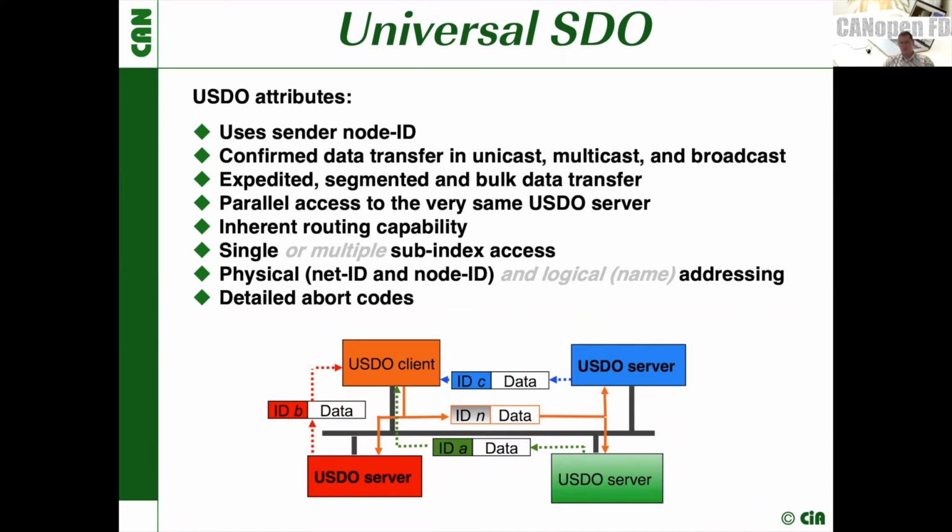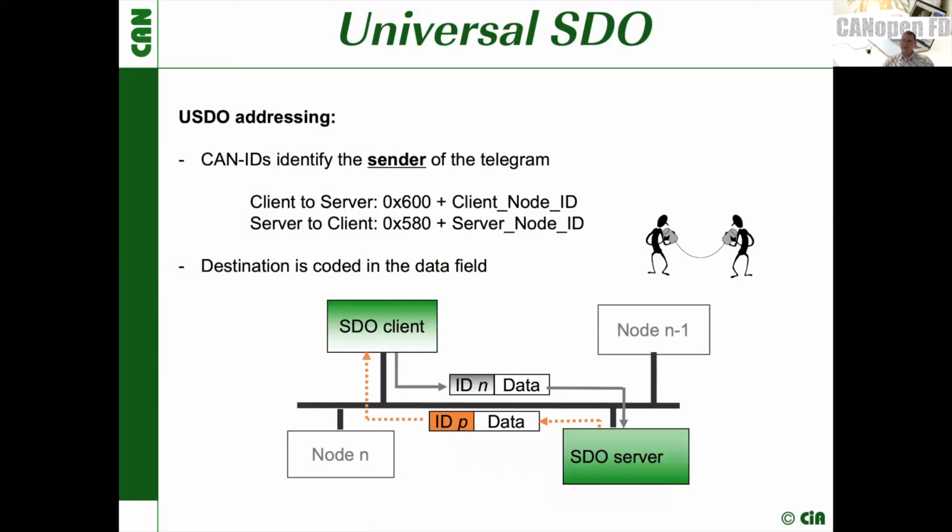One major change in the CANopen FD USDO in comparison to the classic CANopen SDO is the allocation of the CAN identifiers. The CAN identifiers used in the USDO service are determined by the sender of the telegram and no longer by the server. There's a big difference.